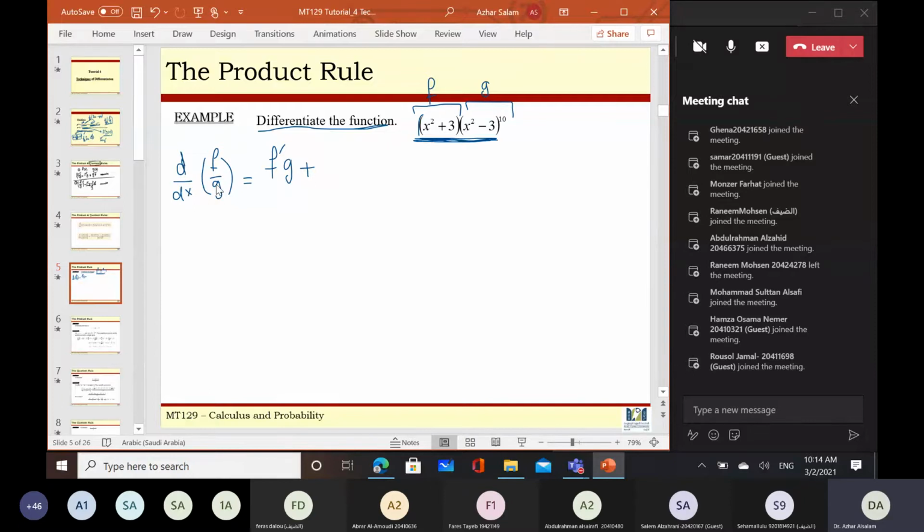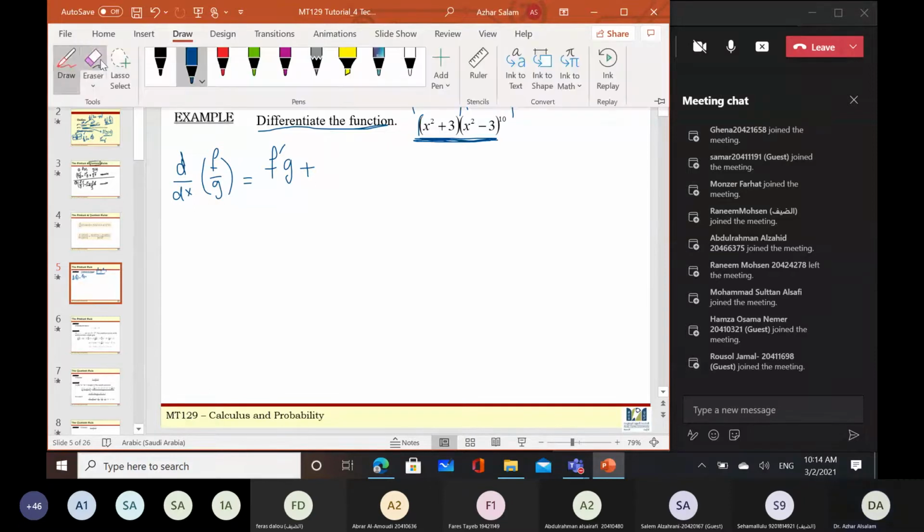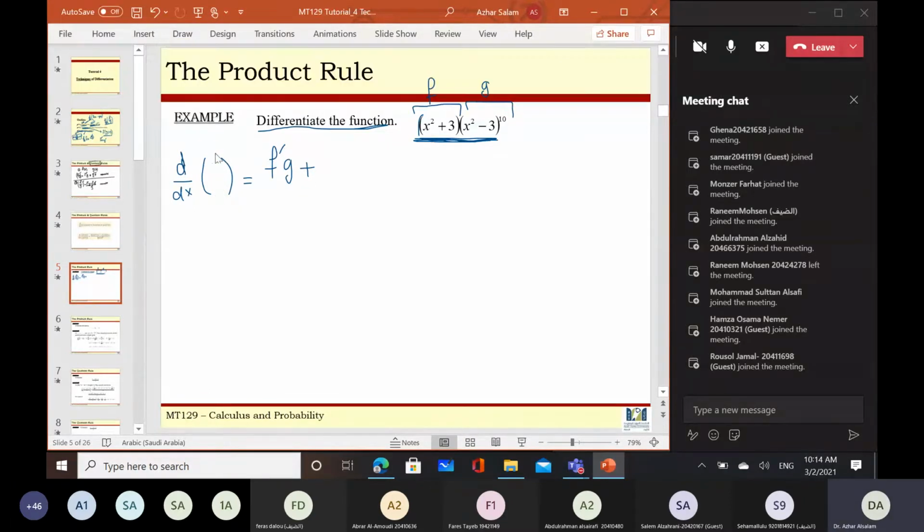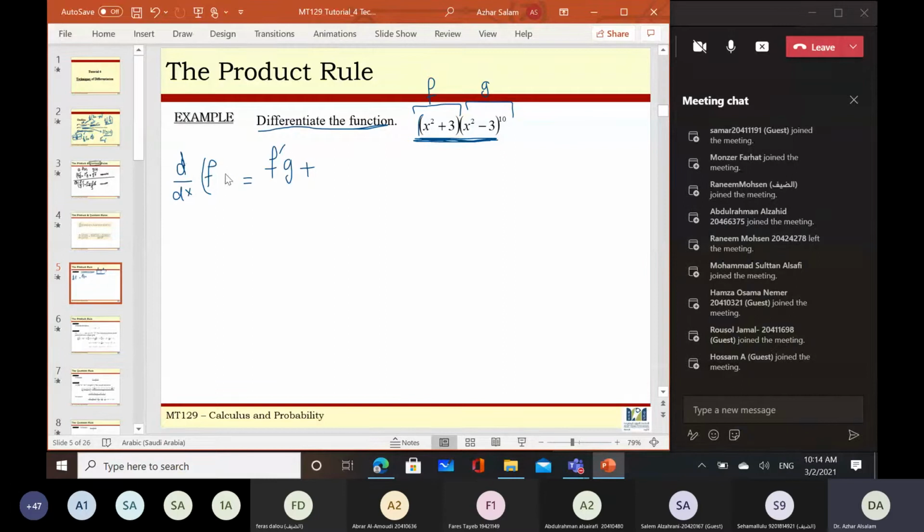Sorry, here it is not the quotient, I am finding the product. So it will be f dash g plus f g dash: the derivative of the first times the second plus the first times the derivative of the second, equals.